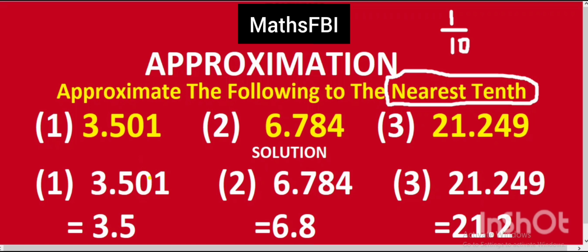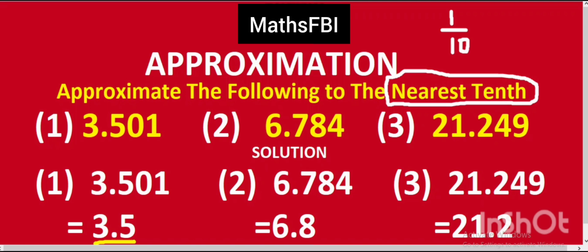Because it is less than 5, you round it down to 0, and then you add it to this. So 0 plus 5 is 5. That's why, having approximated, we have our answer to be 3.5. Okay, we got 3.5.